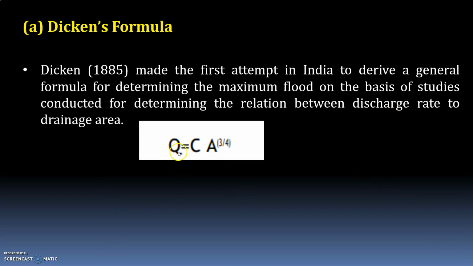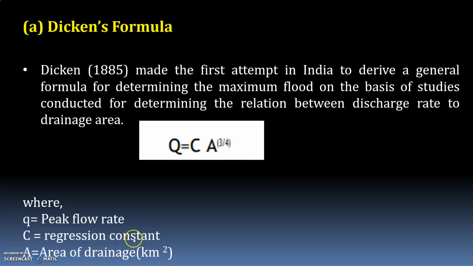It is given by Q = C A^(3/4), where Q is the peak flow rate, C is a regression constant, and A is the area of the drainage. This is the empirical formula derived by Dickens based on his studies: Q = C A^(3/4).